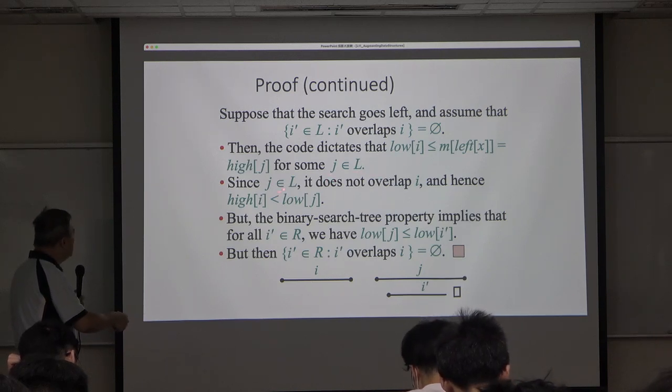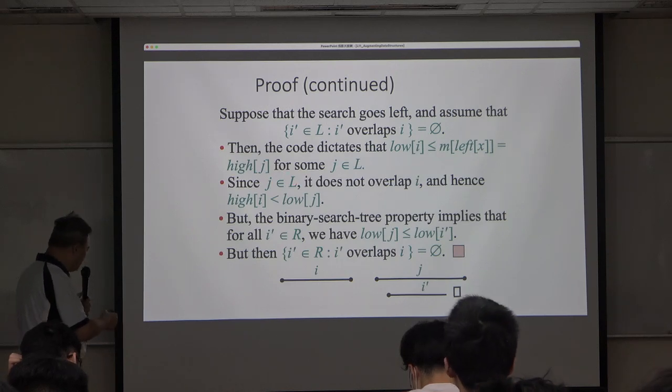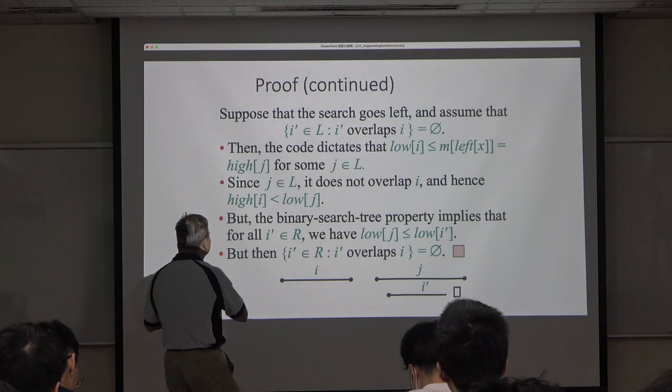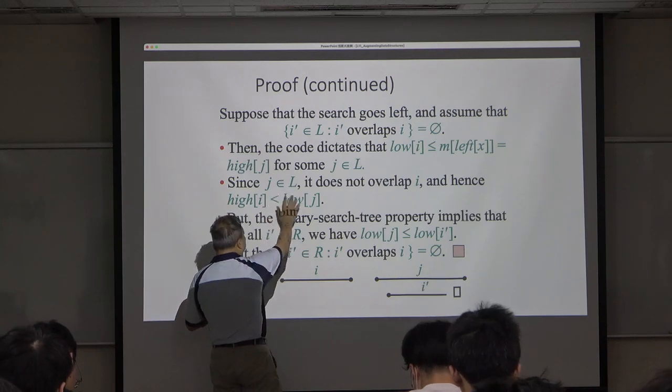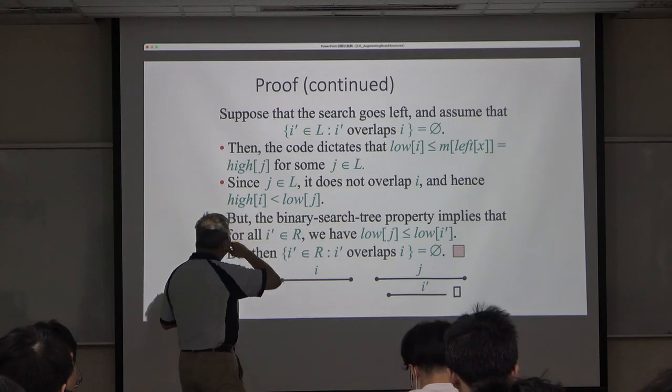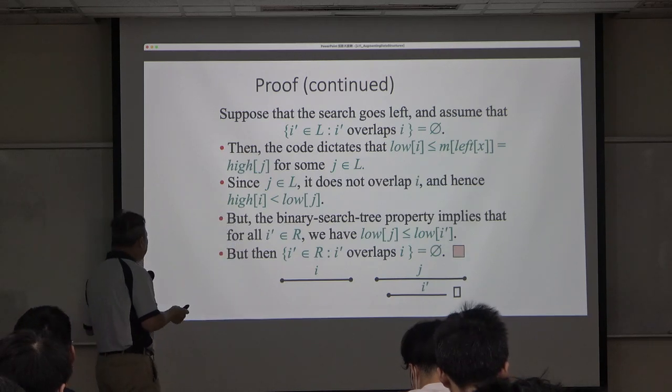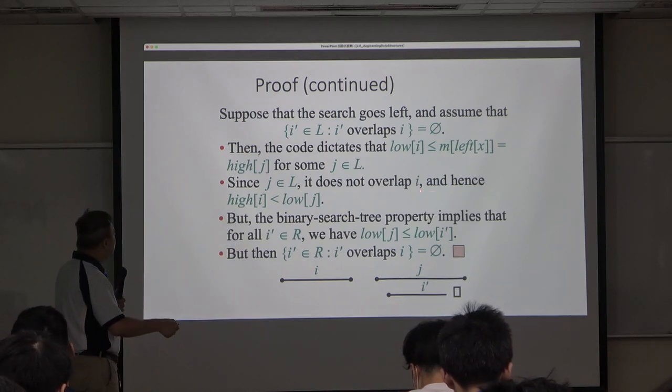Since this J is in the left subtree, it doesn't overlap I, and we know high[I] is going to be smaller than low[J].